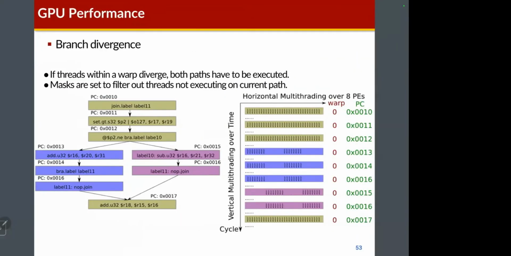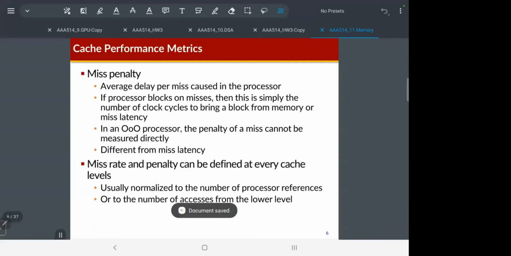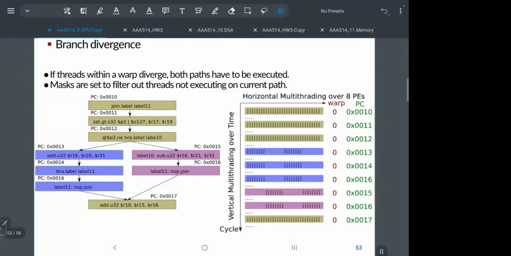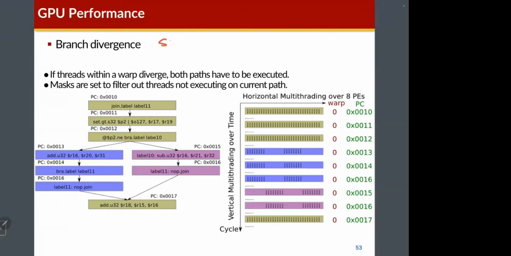Then another performance factor is branch divergence. This is a unique feature of the SIMT architecture. SIMT architecture supports the diverged branch. So branch divergence is supported by SIMT.